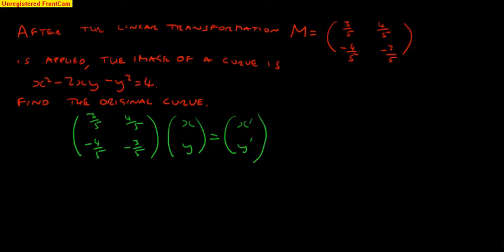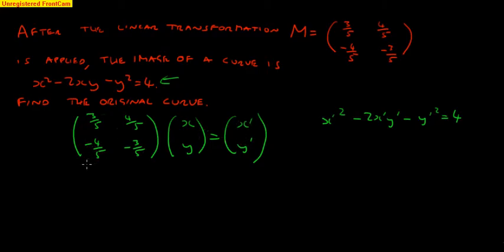Something like that. Now the image curve is given by this, which is another way of saying that we've got x dash squared minus 2x dash y dash minus y dash squared equals 4, because that's the image, and these are our image points.